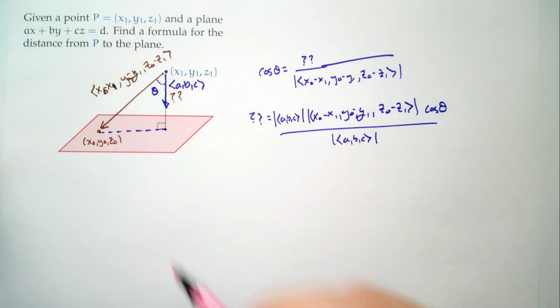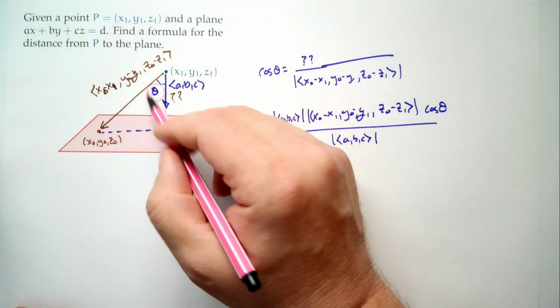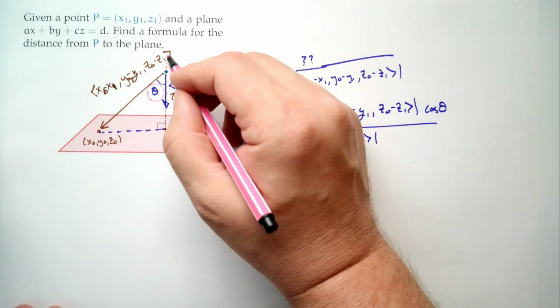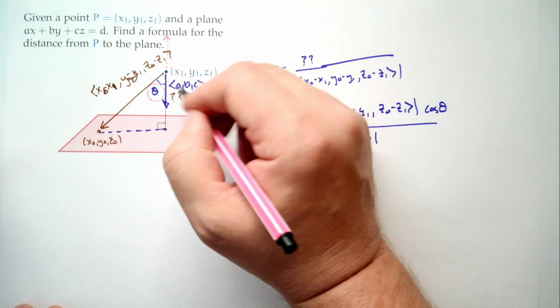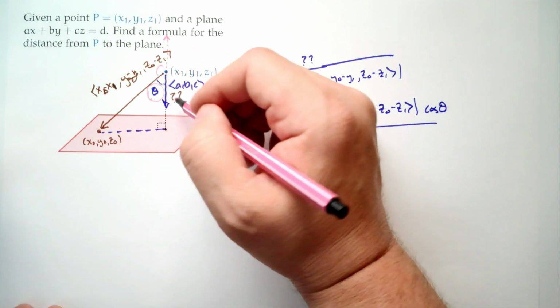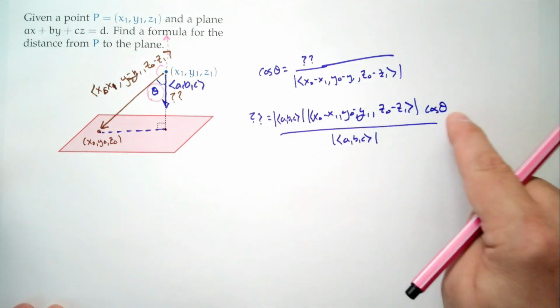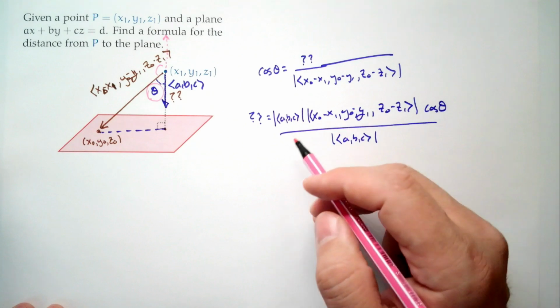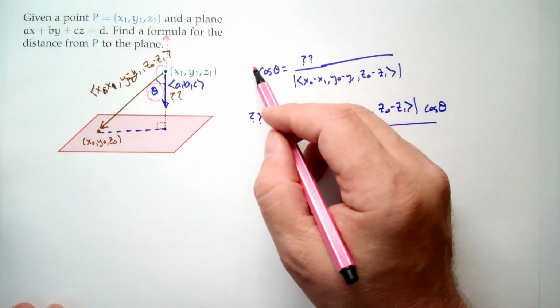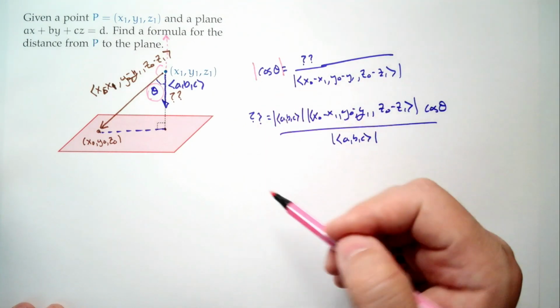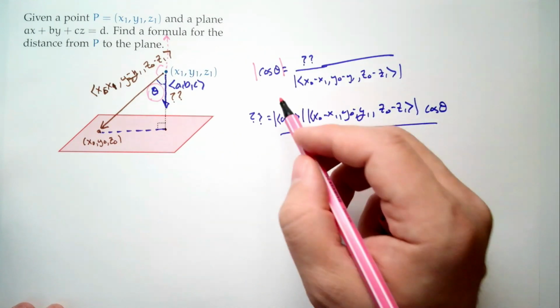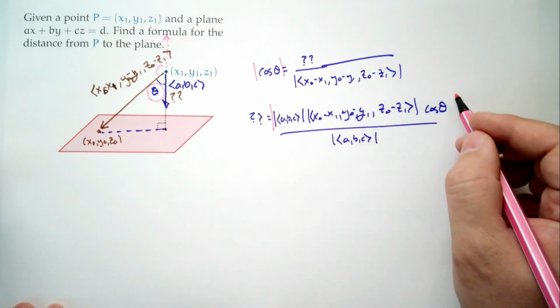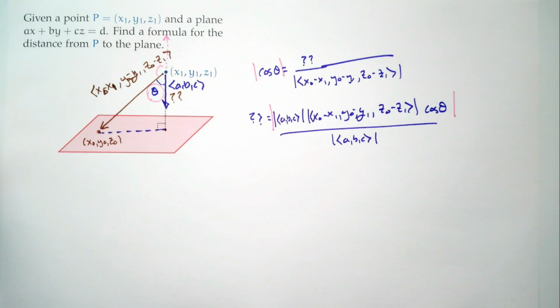Here I drew it so that the angle theta was acute. It could be that the vector ABC was pointing up, and then the angle theta would be obtuse, so that cosine theta could actually have been a negative value. So technically, we should be putting absolute values here. We put the absolute value there, and that solves everything. That's just a small technical note.